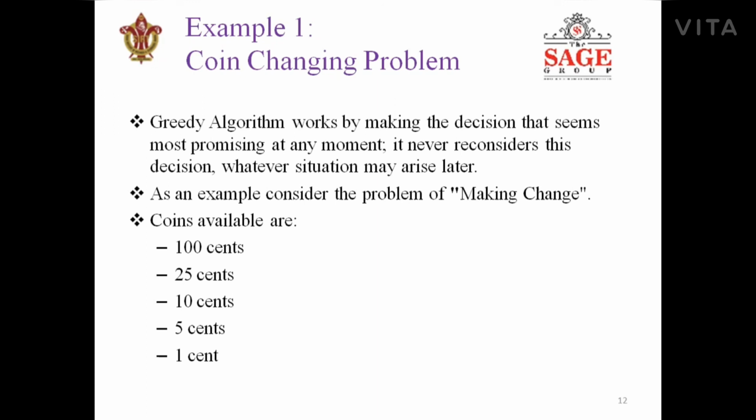We have 5 types of different coins available: 100, 25, 10, 5, and 1. And now the problem we have is to generate the change value which is most profitable at that moment. Okay, so like this there are several problems like minimum cost spanning tree, Huffman coding, merging problem. These are all examples of the greedy technique.